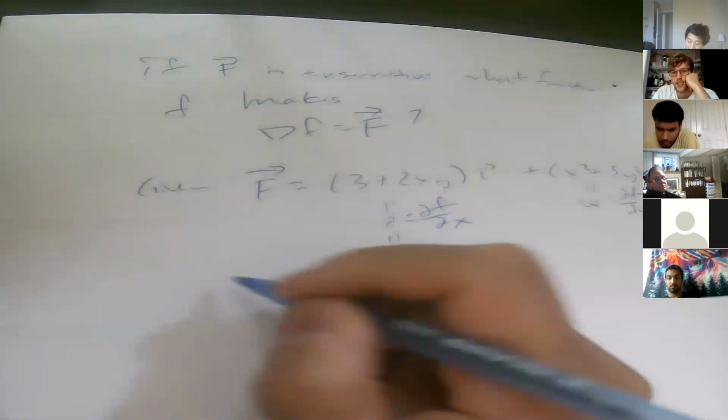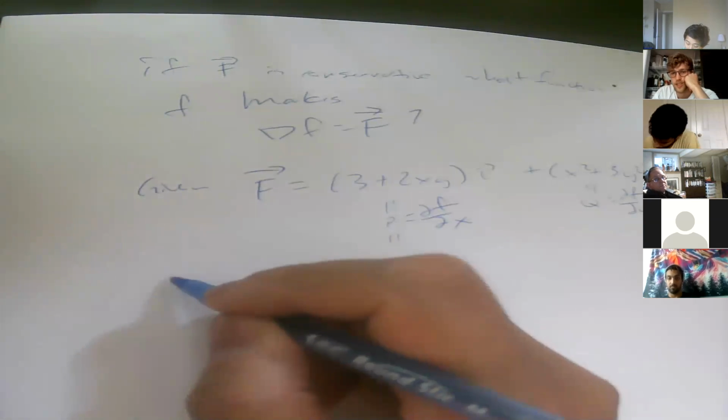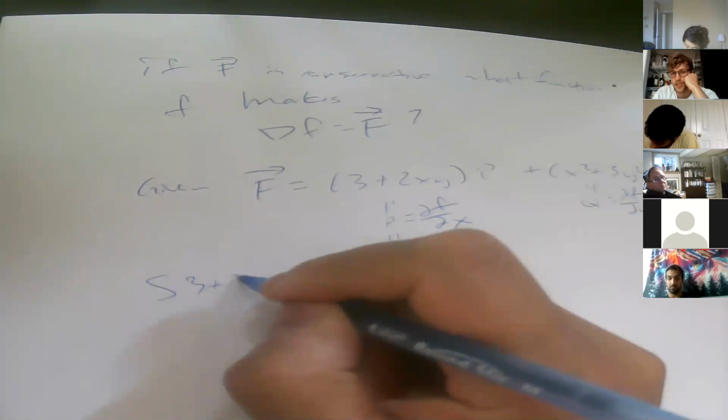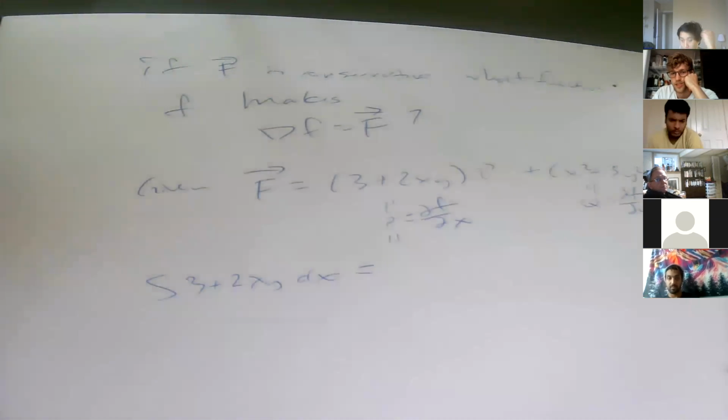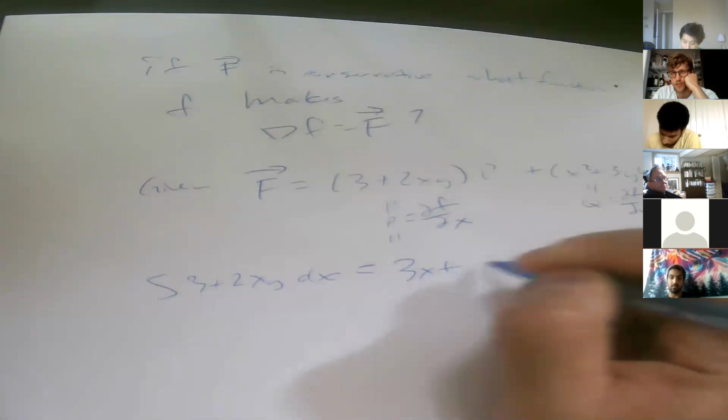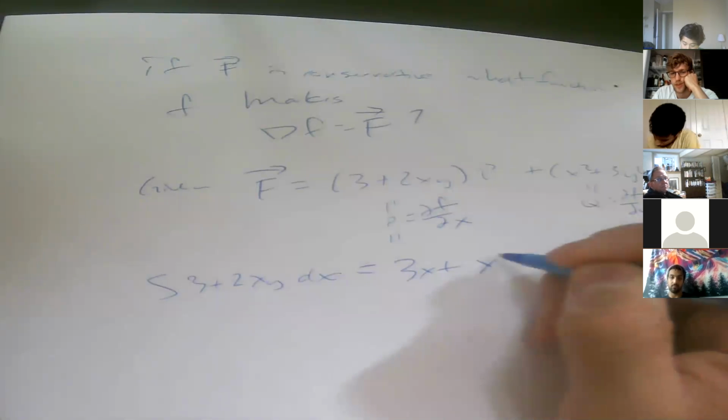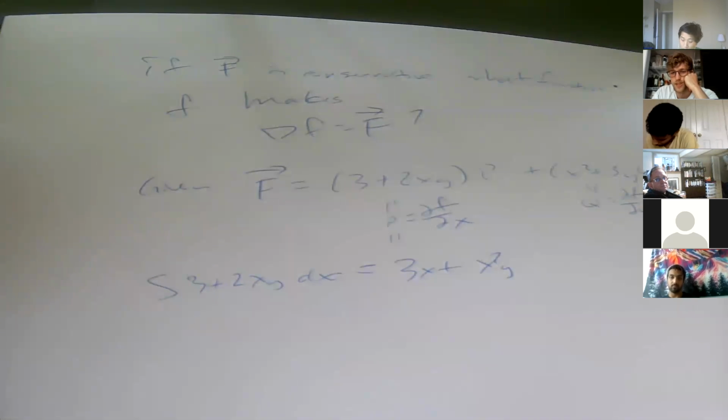So if I take the integral of P with respect to x, the integral of 3 plus 2xy dx, what do I get? 3x plus x squared y. But there's something missing. A constant, yes.